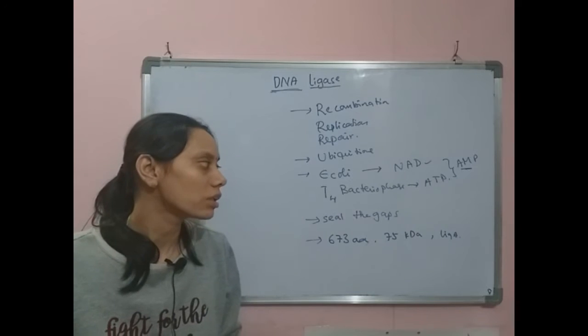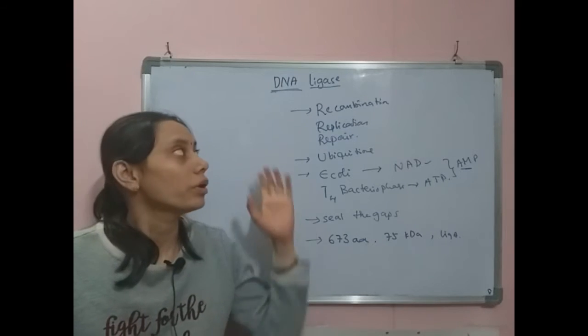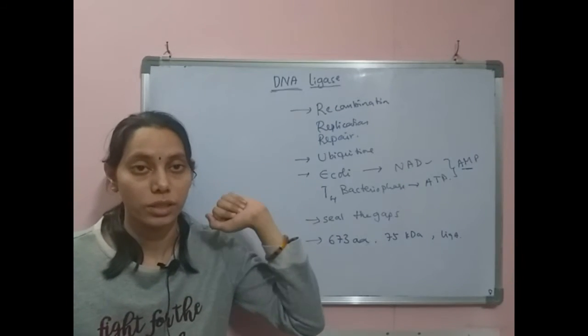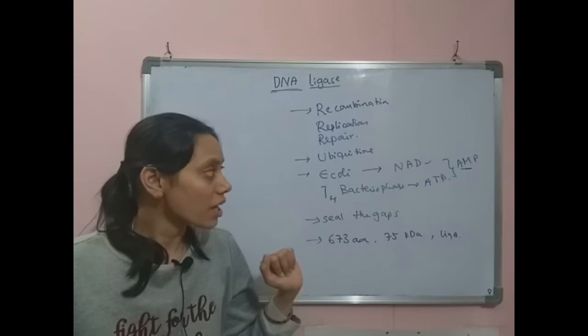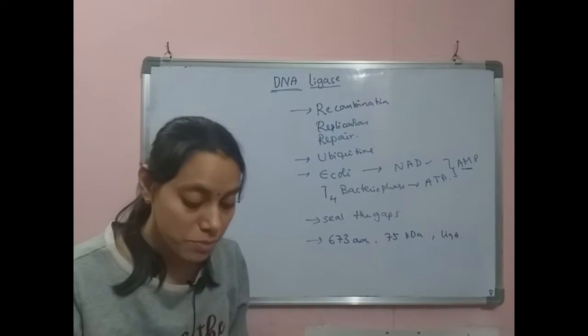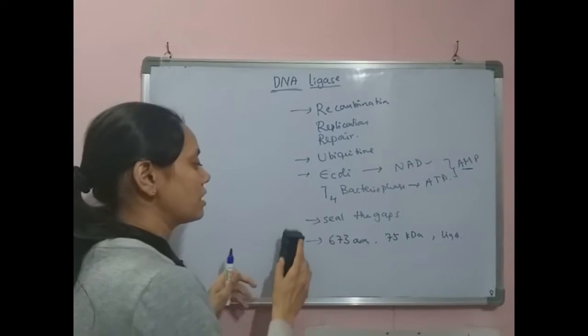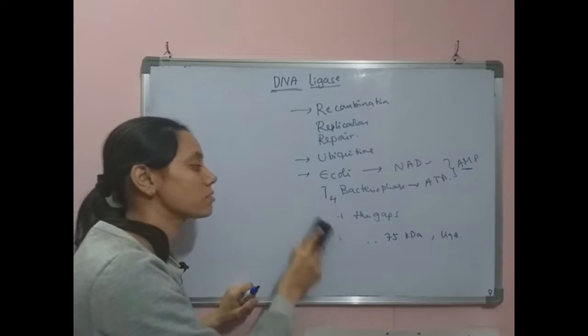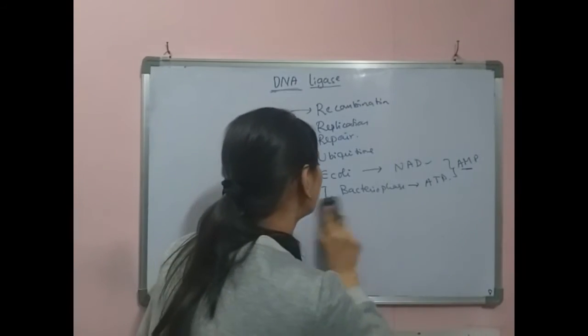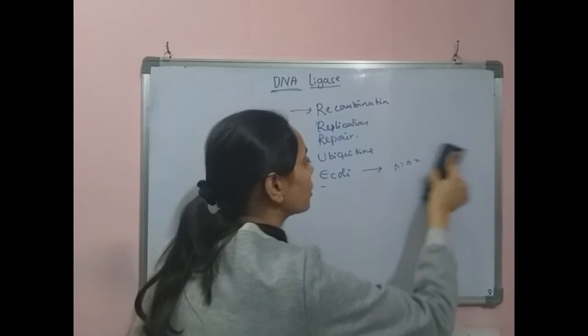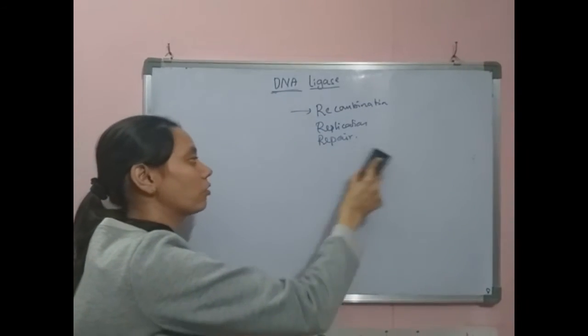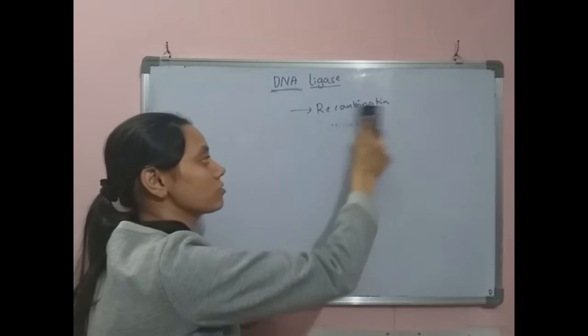So coming to the mechanism, how really does this DNA ligase work? As we discussed, it seals the gaps between single-stranded DNAs, which is very essential to perform all these functions.